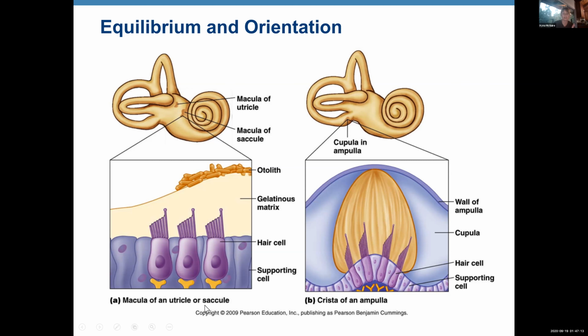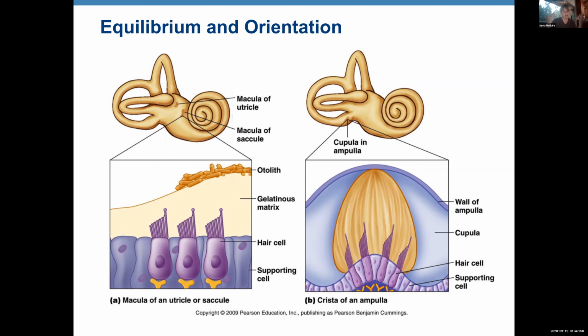Just remember, the utricle, saccule, and ampulla are made of membrane, and the macula and crista are the sensory parts, and they have hair cells. The hair cells are covered by a gelatinous structure called the cupula. When you're rotating, the cupula rotates and bends these hair cells. Again, these hair cells create a receptor potential and then an action potential, and the action potential reaches your brain.